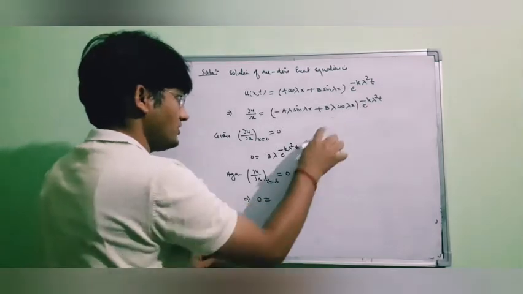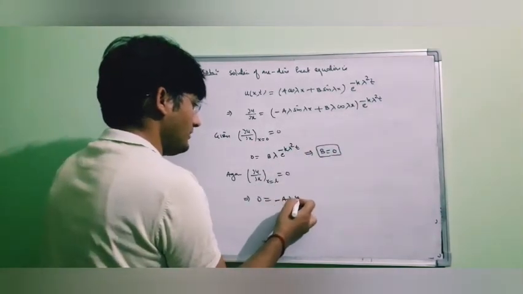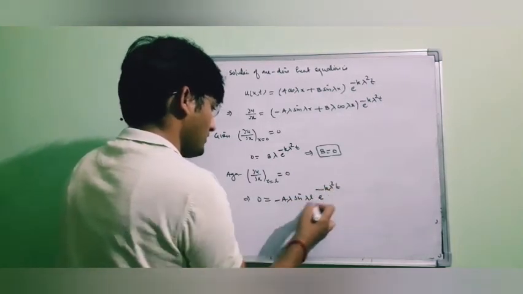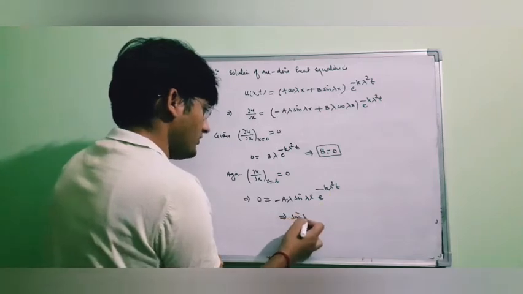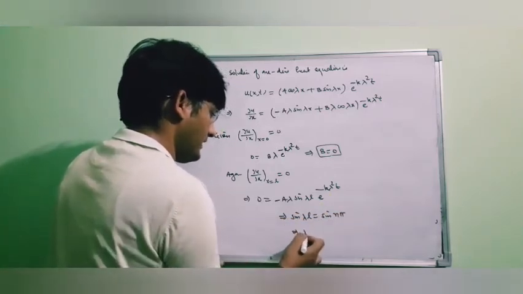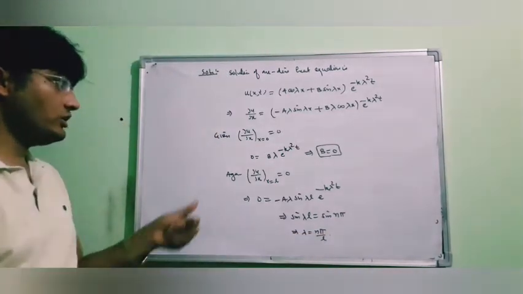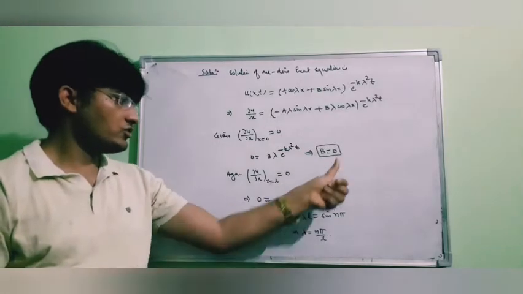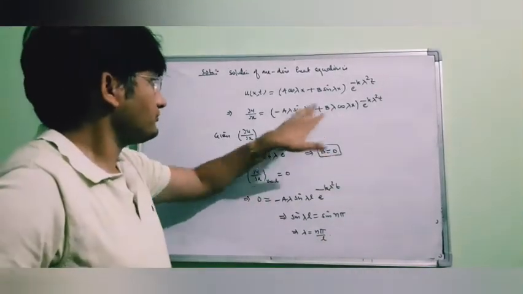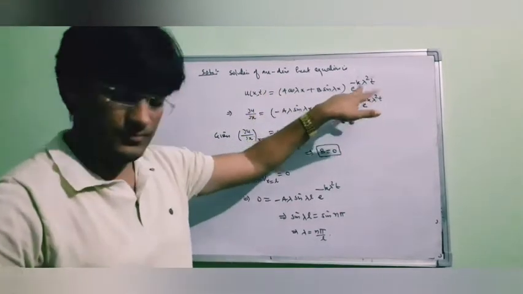So when x is L, B is already 0, so we will have minus A lambda sin lambda L into e power minus k lambda square t. As in previous cases, lambda is n pi upon L. So using these two boundary conditions, B is 0 and lambda is n pi upon L, so the solution is A cos lambda x into this term.